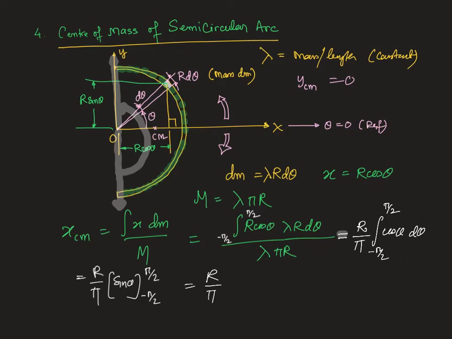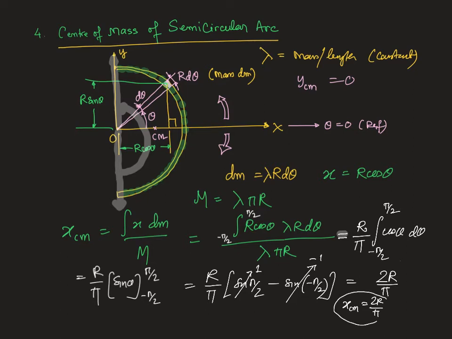So r by pi times sin pi by 2 minus sin of minus pi by 2. Sin pi by 2 is 1, and sin of minus pi by 2 is minus 1, so you get 2 here. So 2r by pi. So xcm is equal to 2r by pi, and obviously ycm is equal to 0, because this semicircular ring is symmetric about the x-axis.